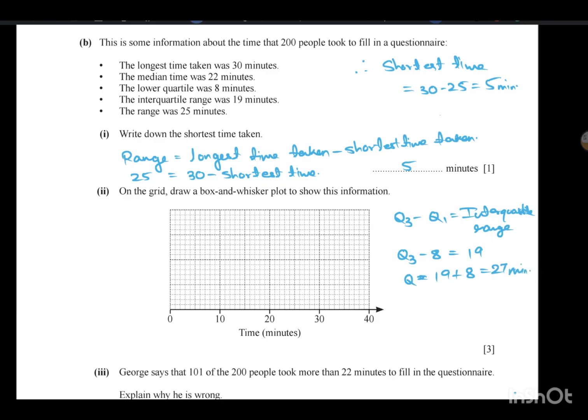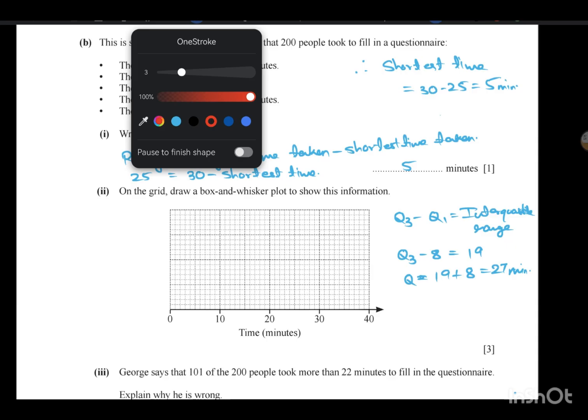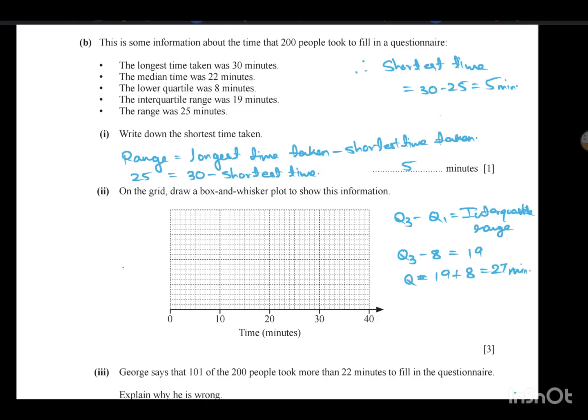Now using this information, let us draw the box and whisker plot. The lowest, the shortest time we just found out, which is 5 minutes. So draw a small line near 5 minutes here.